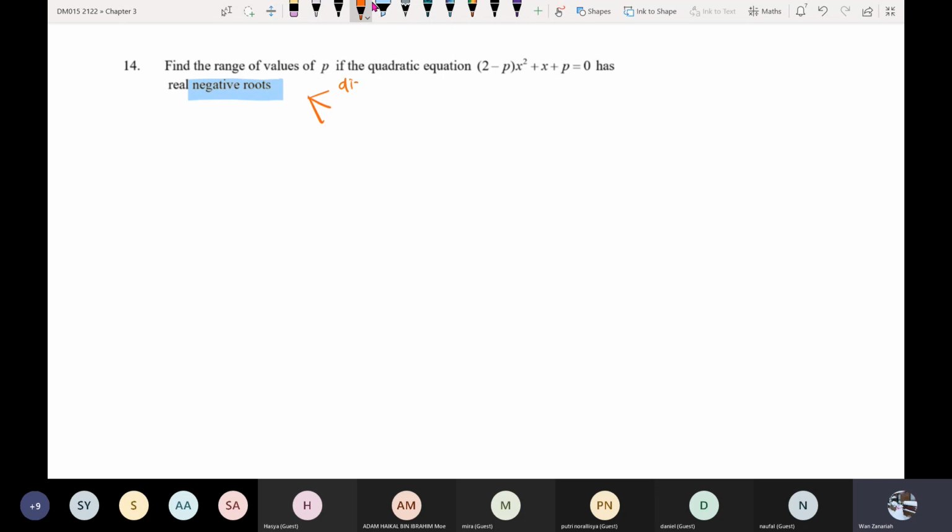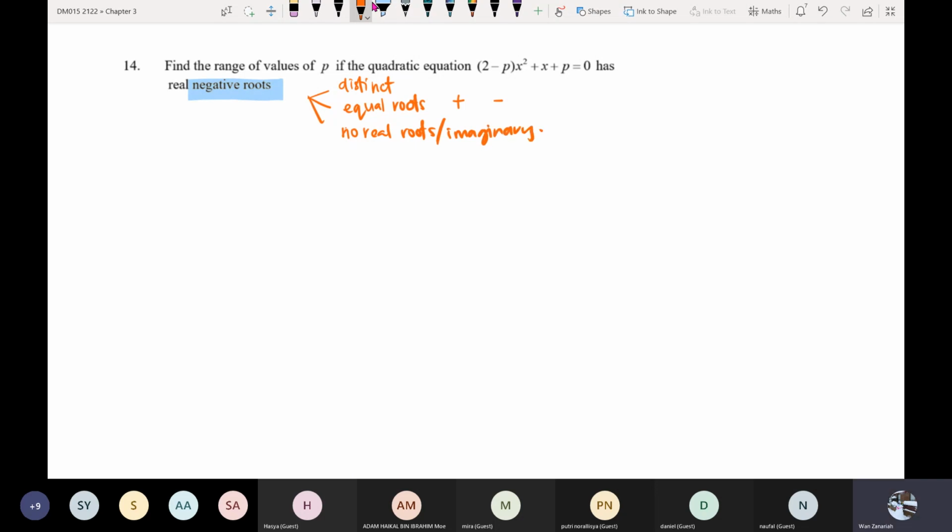Kita ada distinct roots yang berbeza, and then kita ada equal roots. Equal roots tu boleh jadi positif, boleh jadi negatif kan? Ini adalah no real roots. So dengan kata lain dia adalah imaginary.